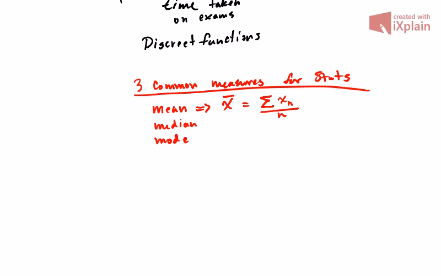Now the median is the middle number in the data set. When you're trying to find the median, always order your data set from least to greatest.